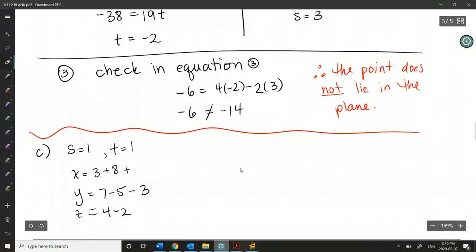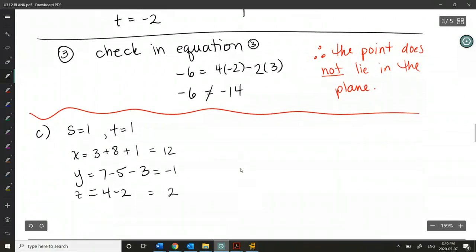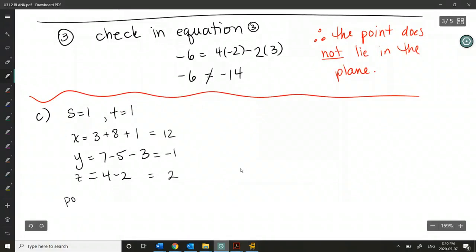Oops, I didn't plug my value in here for t. I meant to put 1 there. Okay, so we'll get 12, negative 1, and 2 as our first point. And because it's a point, we're going to write it with round brackets rather than square brackets.